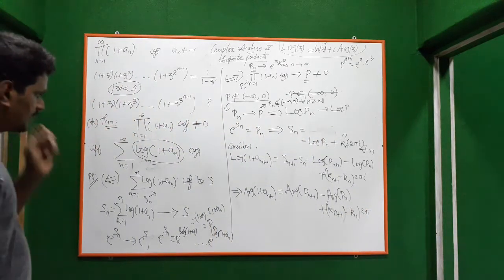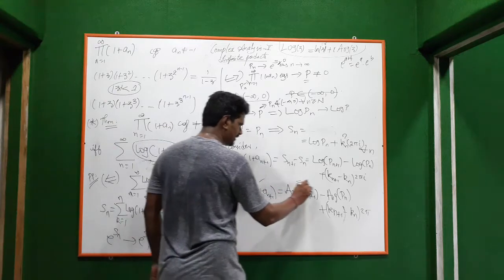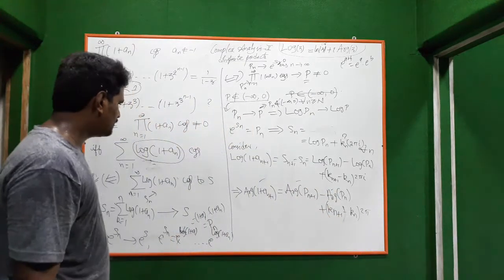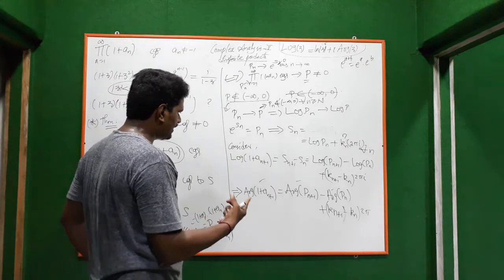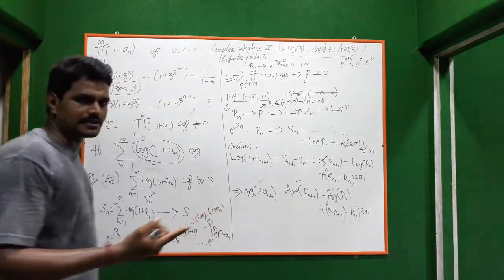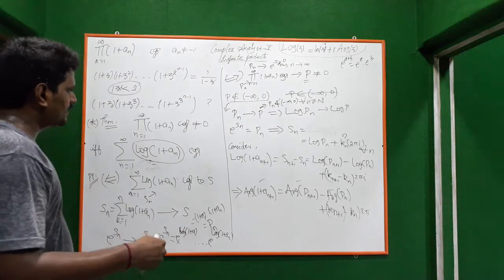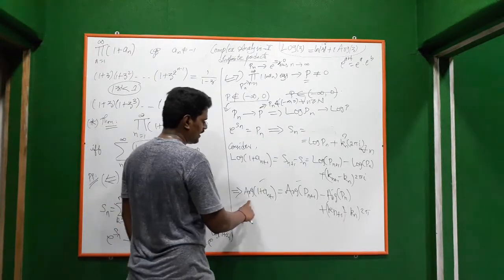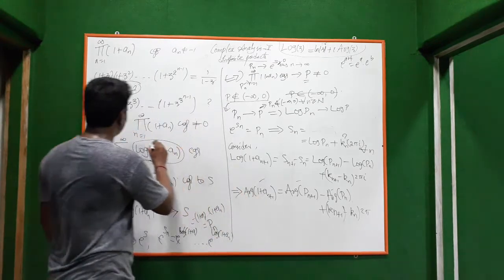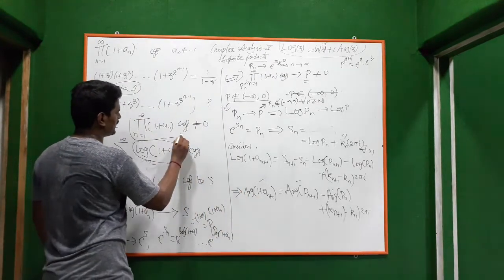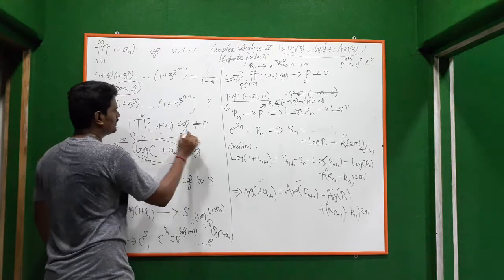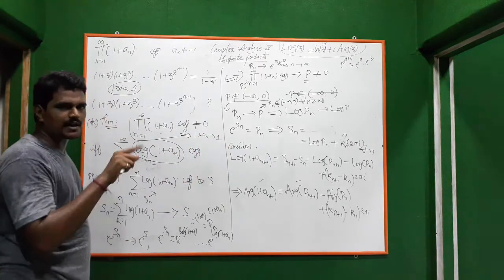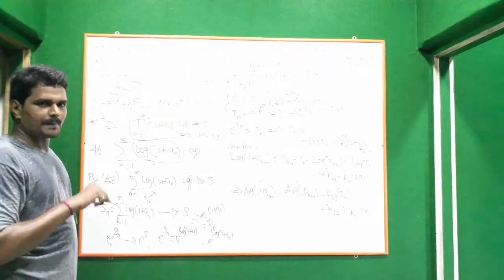Now if you find the values of these things, then we can find this. What do you know about argument? Argument is a complex function which is also continuous. Since argument is a continuous function, and this product converges, P_n converges to P, so 1 + a_n converges to 1.